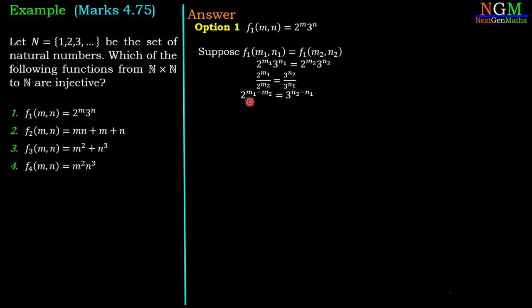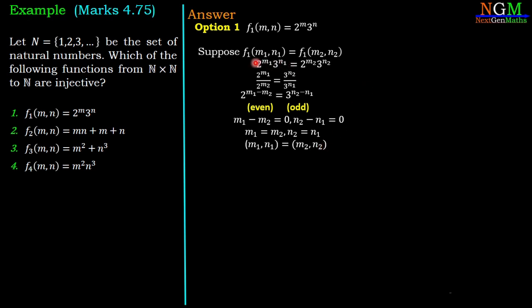Left hand side is a power of 2, so it will give an even number, and right hand side is a power of 3, so it will give odd numbers. They are not equal except when m1 minus m2 equal to 0 and n2 minus n1 equal to 0. That means m1 equal to m2 and n2 equal to n1, which will give (m1, n1) equal to (m2, n2).